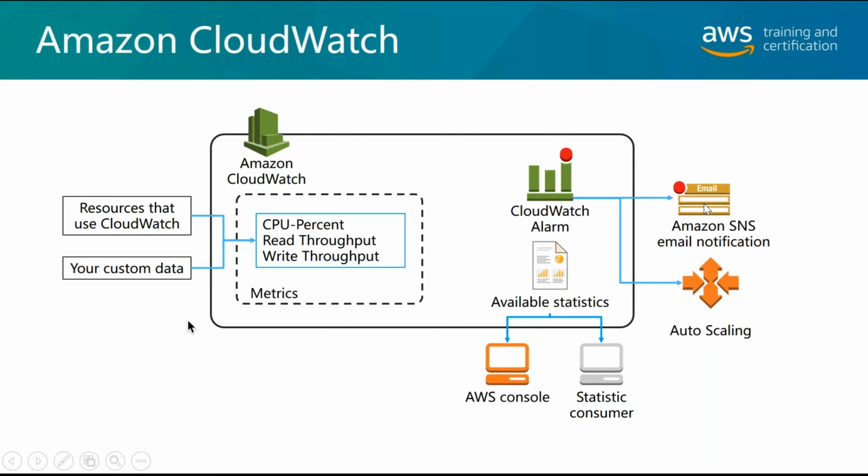Alarms can send notifications, like email if you want, via SNS, Simple Notification Service. And we've seen that CloudWatch is also tied to auto scaling. When you set up an auto scaling group, you can scale out based on a trigger from CloudWatch, like your CPU being over 80%.